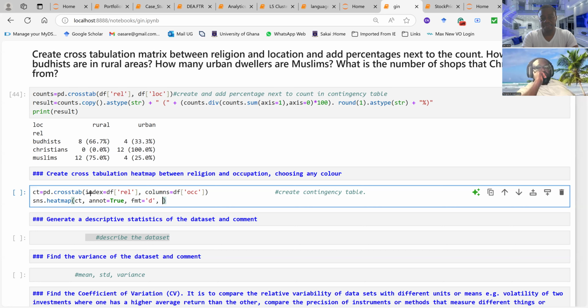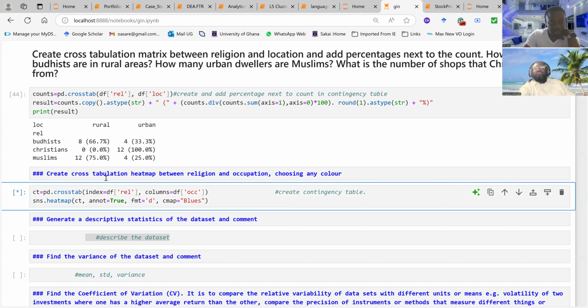And then let's use the blues cmap. These are all just addendums to just color. You can change different colors that you want. So this is supposed to generate a heat map for us.